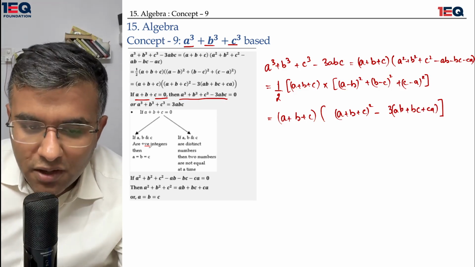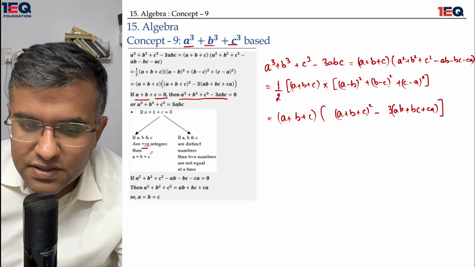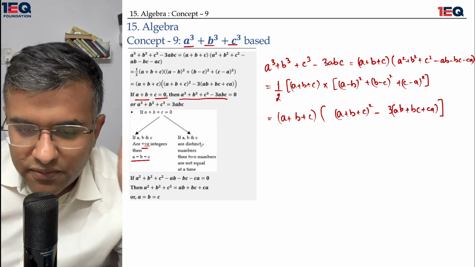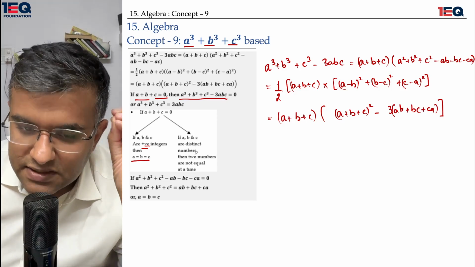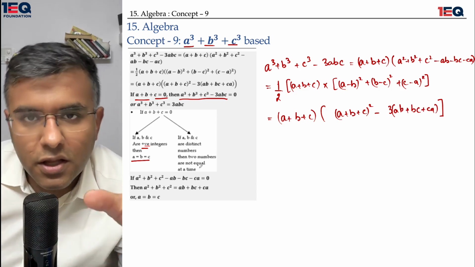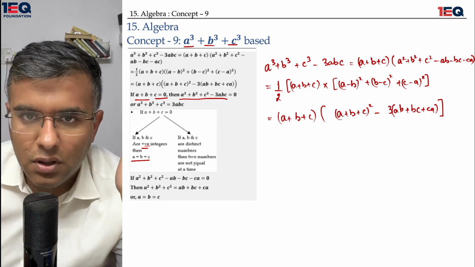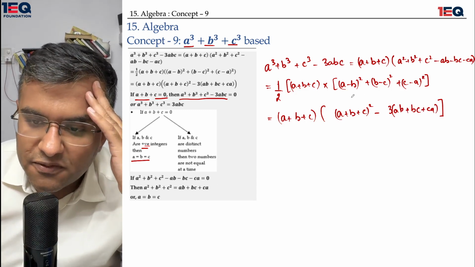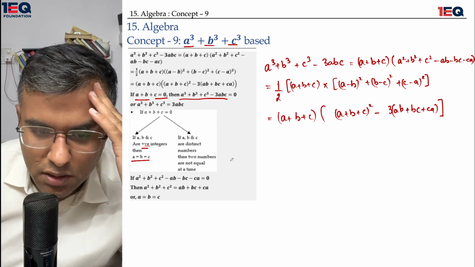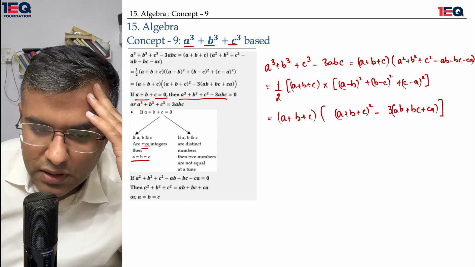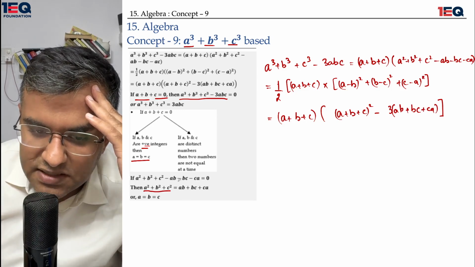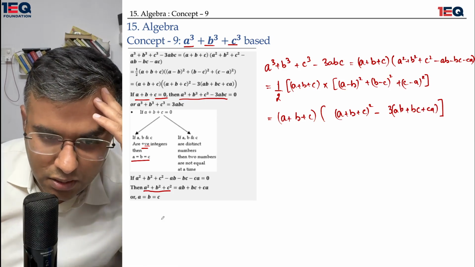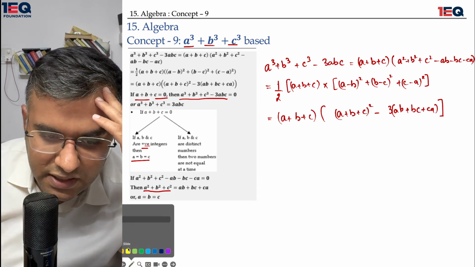Okay, if a, b and c are positive integers, then a is equal to b is equal to c. And if a, b and c are distinct numbers, then two numbers are not equal at a time. That is for sure. Okay, two numbers cannot be equal at that time. Also, if this form of the question, a square plus b square plus c square minus ab minus bc minus ca, about which we are talking here, is equal to 0, just a second, I'll mark it.